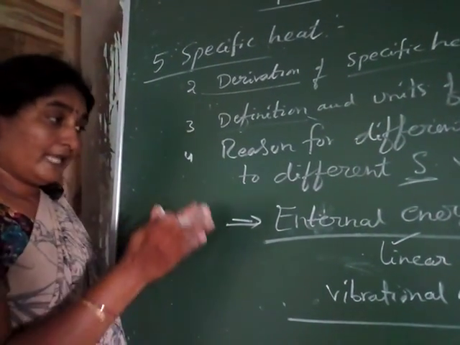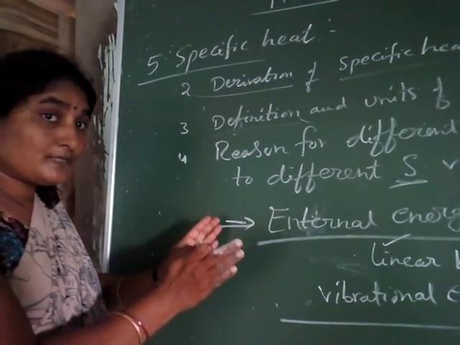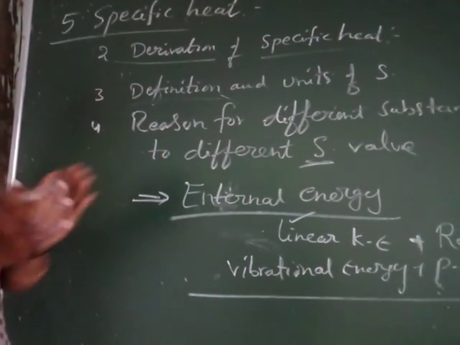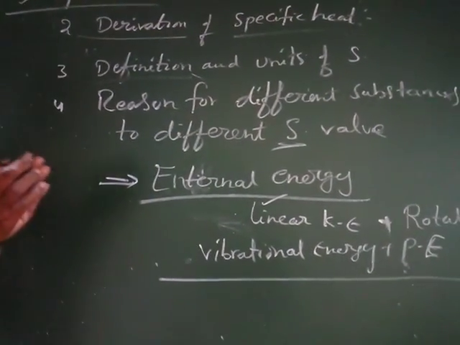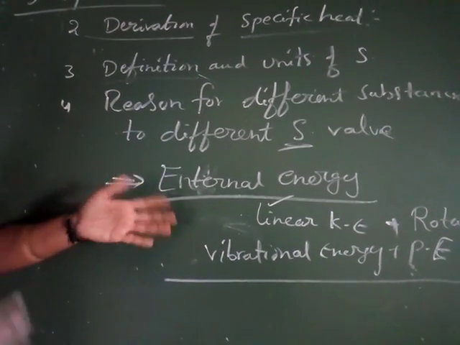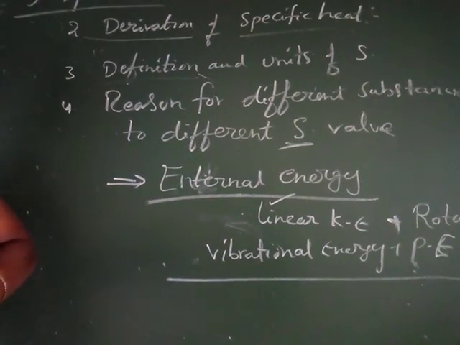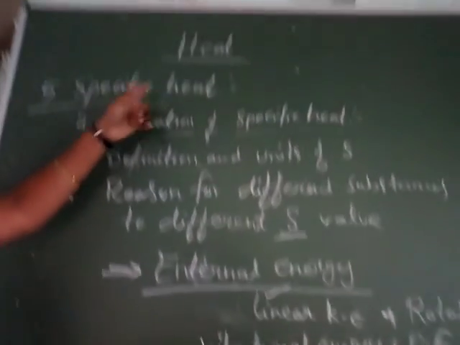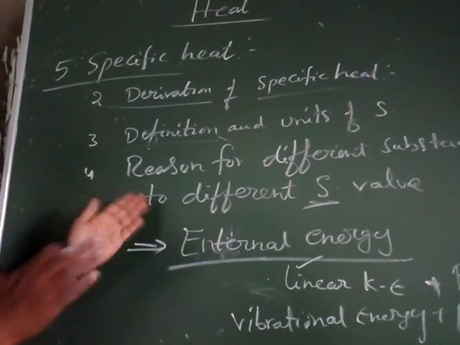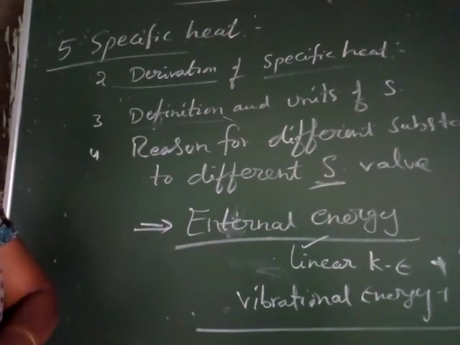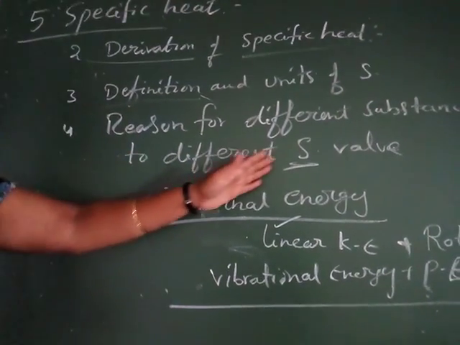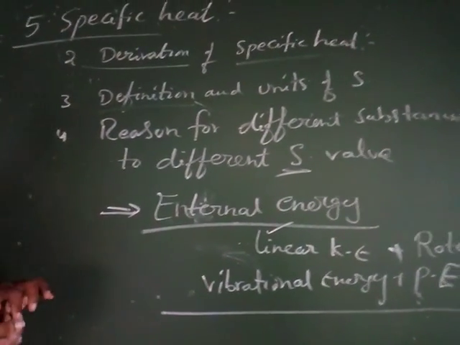Different substances have different internal energies, because the molecules are close to each other in some substances and far away from each other in others. That's why specific heat depends upon the internal energy and varies from substance to substance. This is the reason for different substances having different specific heat values.